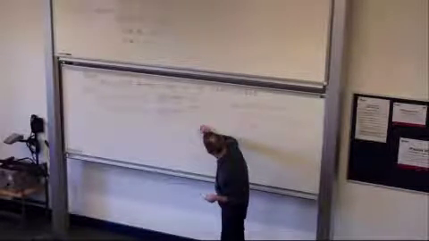But if this is less or equal than this, and this is less or equal than this, it follows that n and S are the same thing. And they all have the same basis.